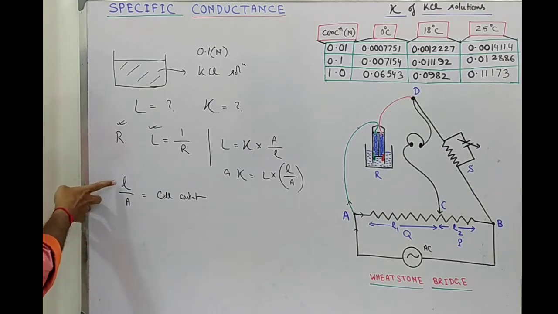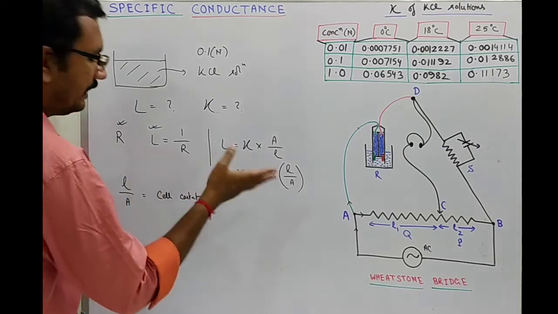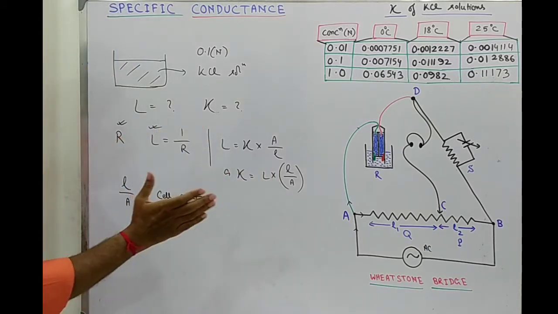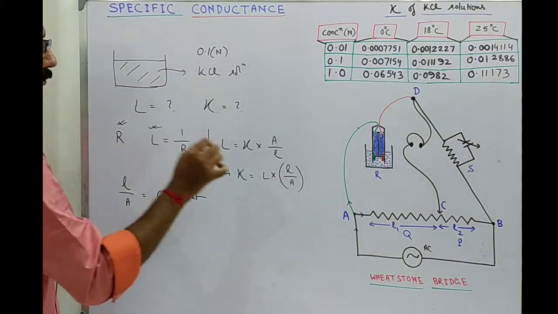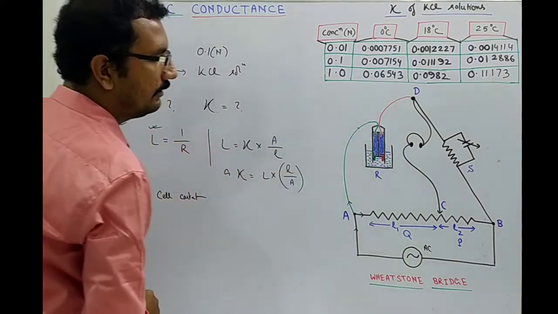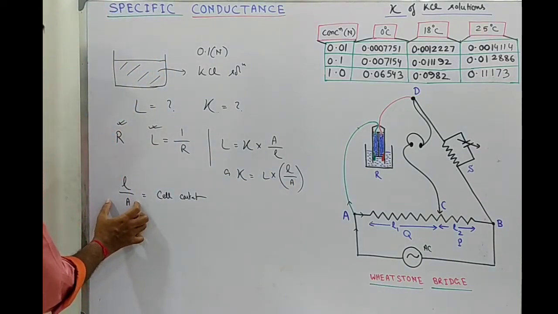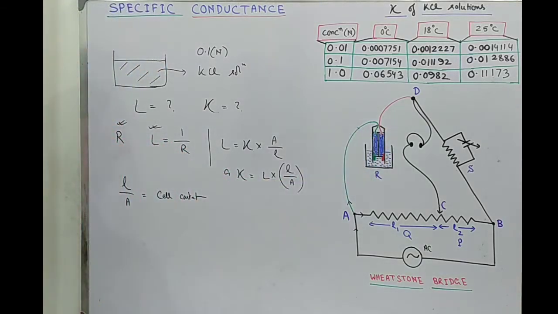It is the ratio of the distance between the two electrodes to the cross sectional area of the electrodes. So, this is being measured by the company who is building this machine for you and is going to print it on the cell. So, you have this value directly by observing this cell.